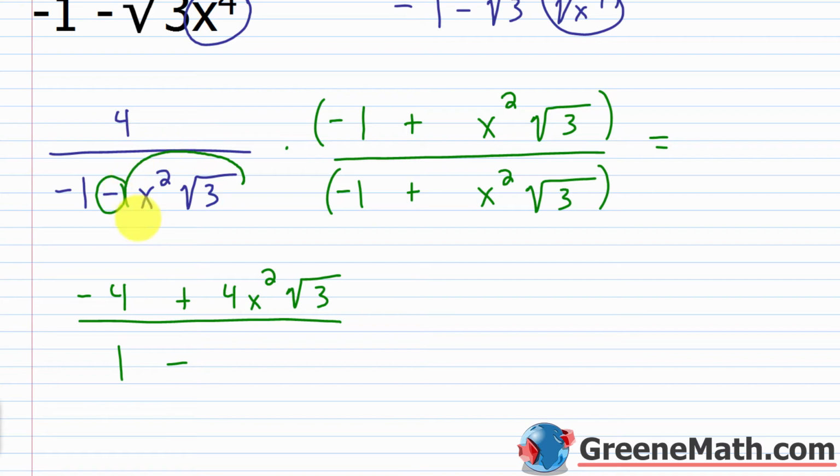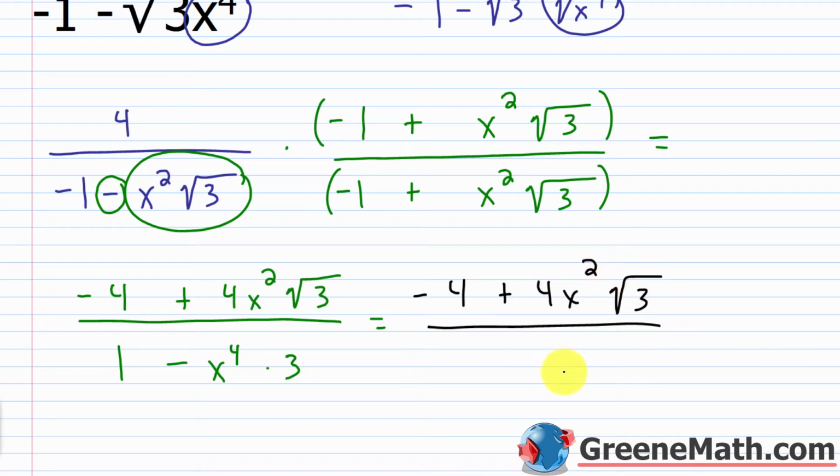We would square this guy right here. x squared squared is x to the 4th power, and then the square root of 3 squared is 3, so times 3. So what is this going to be equal to? We'll have -4 plus 4x squared times the square root of 3 over 1 minus 3x to the 4th power.